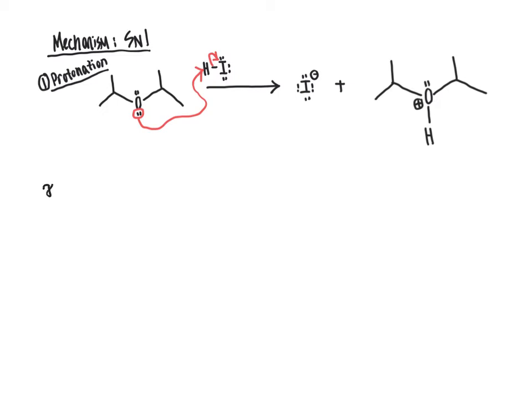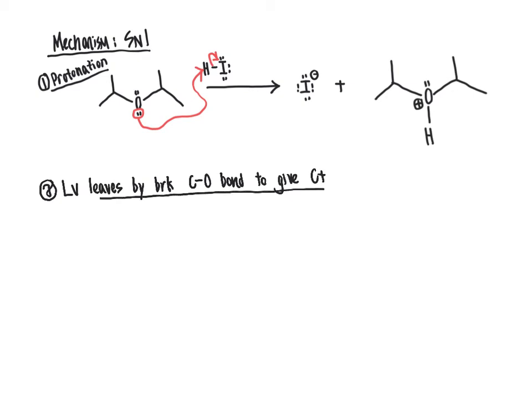So the second step of this reaction, we could call this the leaving group leaves. And we do that by breaking a C-O bond. And that's going to give us a carbocation intermediate.